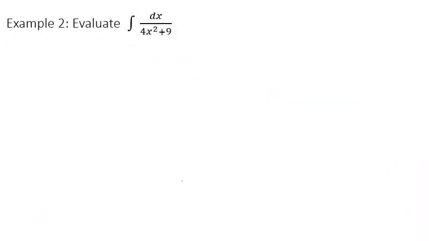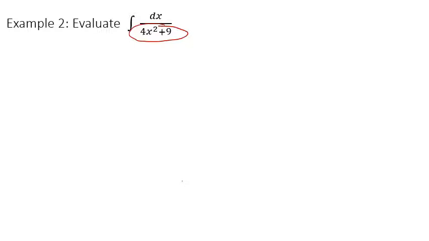Alright, so here we will have to evaluate the integration of dx over 4x squared plus 9. So as you can see, your integrand contains a squared plus u squared. So it belongs to the substitution of u is equal to a tangent theta.